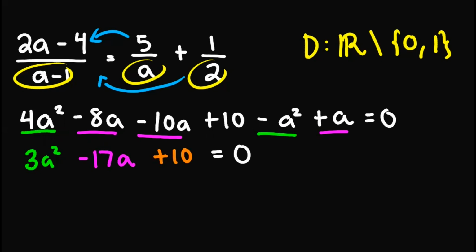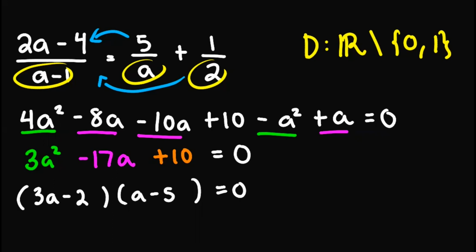Now, as you can observe, what we have is a quadratic equation. So you can verify that this one factors into 3a minus 2 and a minus 5. So how to do that?